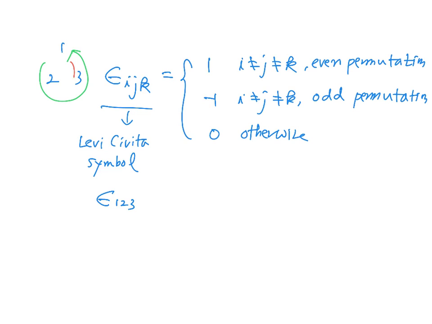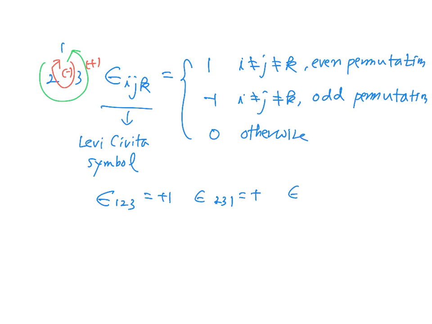Clockwise, counterclockwise: this is a plus, this is a minus. So epsilon 1, 2, 3: plus or minus? Right. Epsilon 2, 3, 1. Plus 1. Very good.